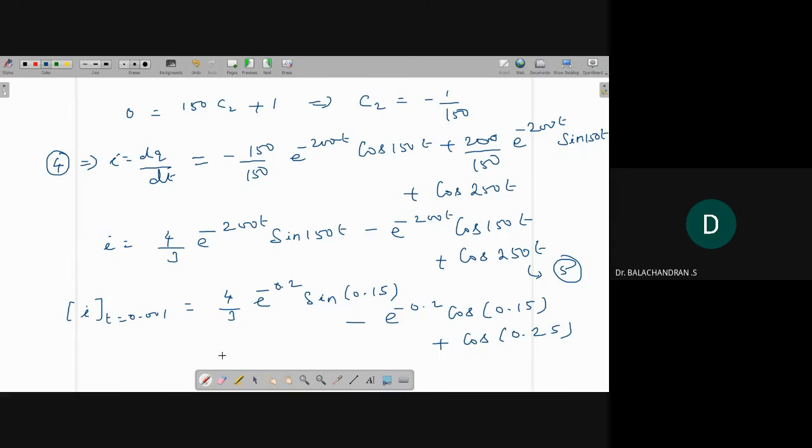I think already Aditya told the answer. Please verify. I am also getting 0.3225 ampere.